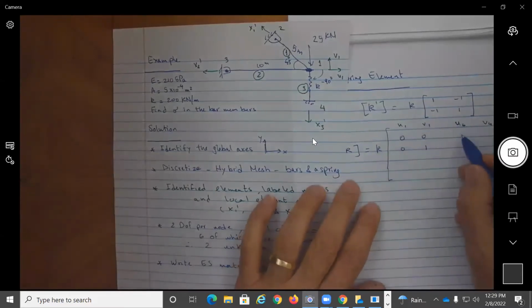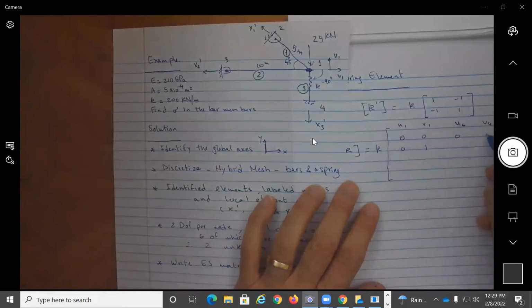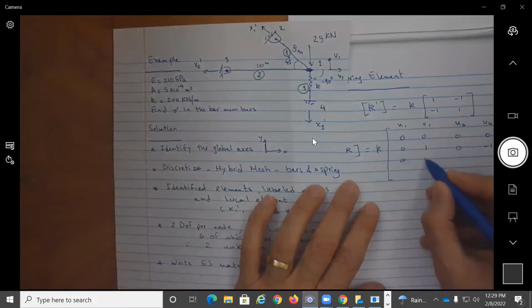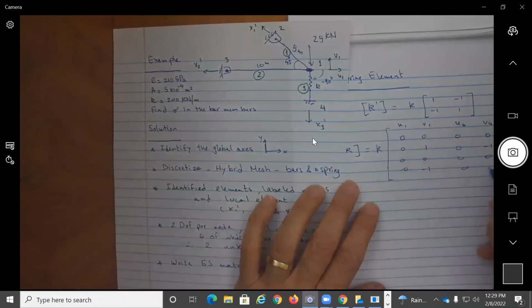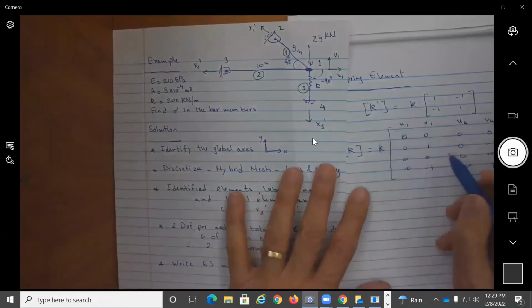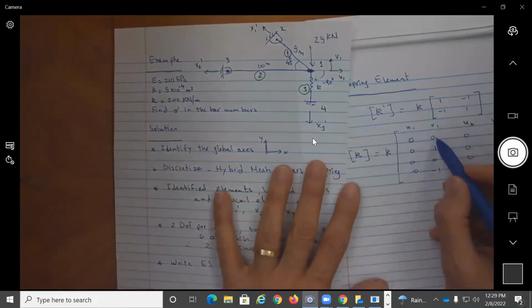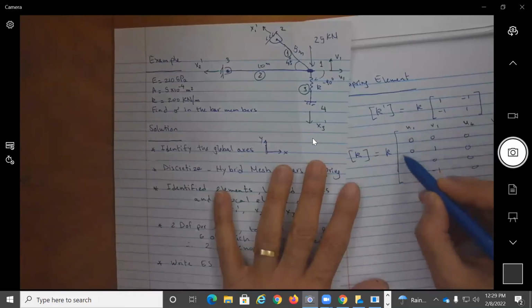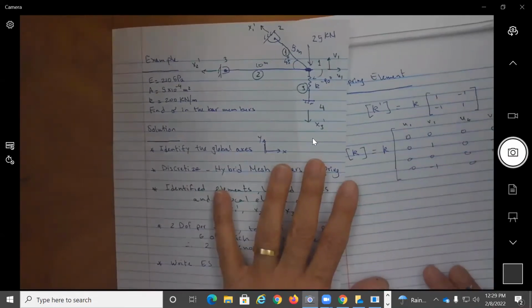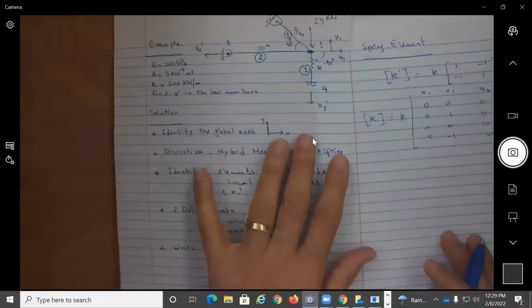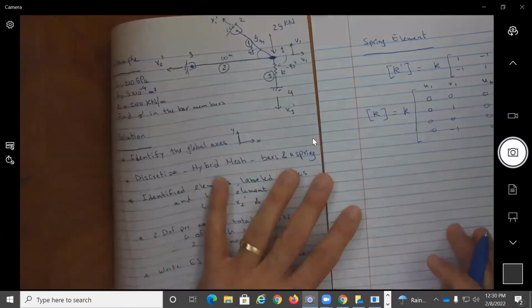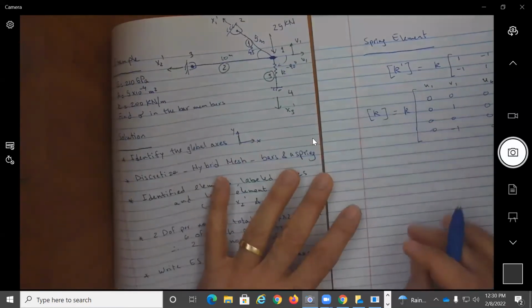Of course, if you continue this, you will get 0, 0, 0, minus 1, 0, 0, 0, minus 1, 0, 0, 0, and 1. But what's going into the global stiffness matrix would be this portion here, right? For other elements, you're going to follow exactly the same steps.